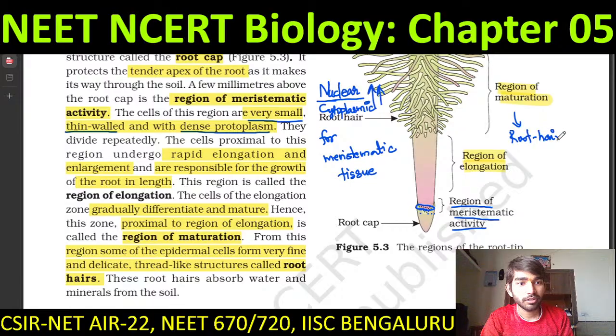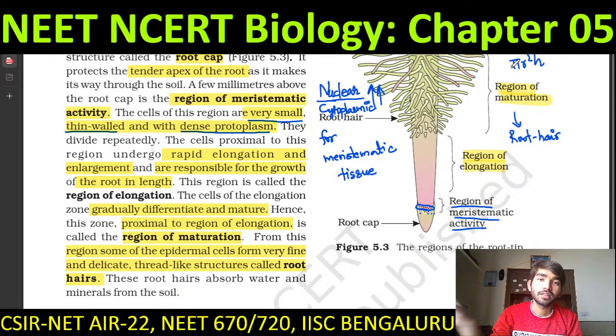Because these cells are already differentiated, now they can give rise to some protrusions in the soil for better surface area, more surface area. As you can imagine, if there is only this cylinder-like structure, it can only absorb, let's say if this is a cylinder, then it will be pi r square h, its volume.